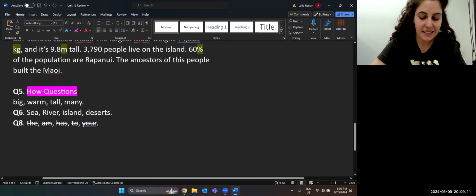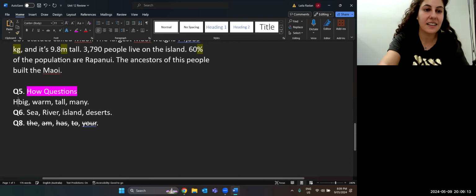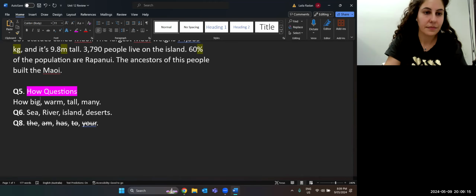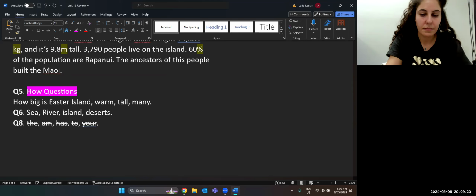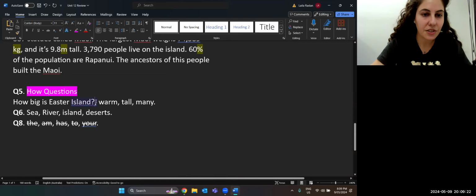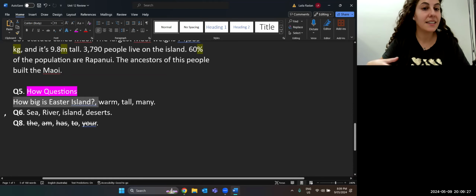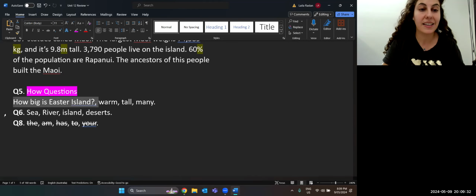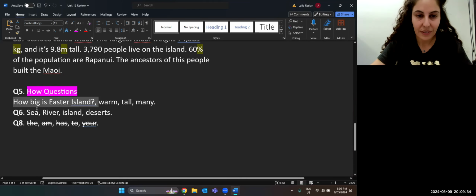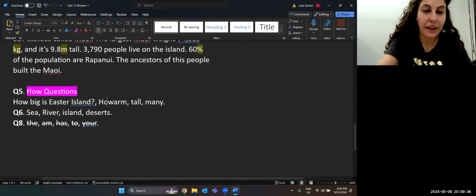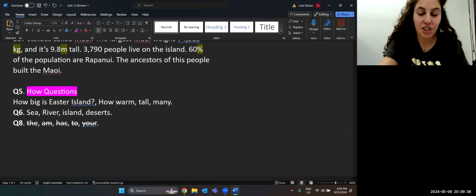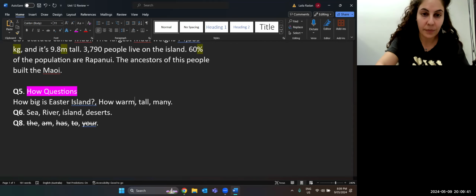The first one is, how big is Easter Island? Okay, so it's a question. Make sure you've got a question mark. How big? So I want to know, is it a small island? Is it a big island? Or you can give me the exact measurement. How big is Easter Island? How warm? That's how we ask a question about the temperature. So how warm is the climate?